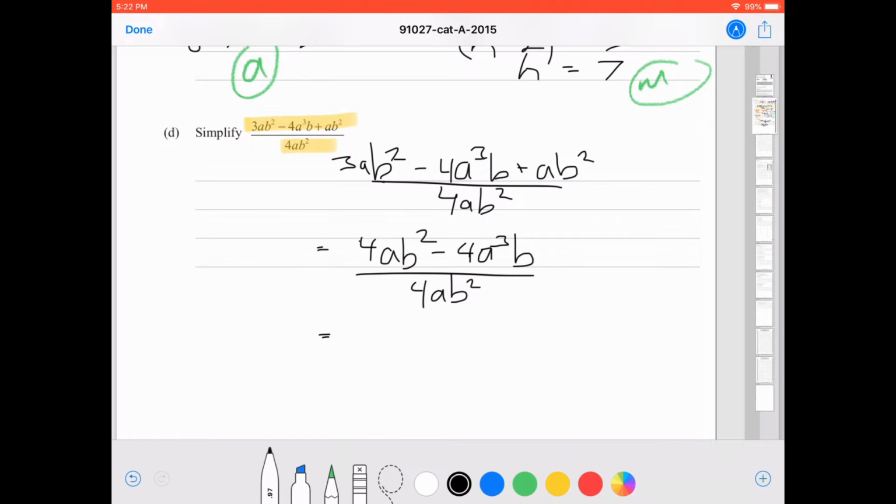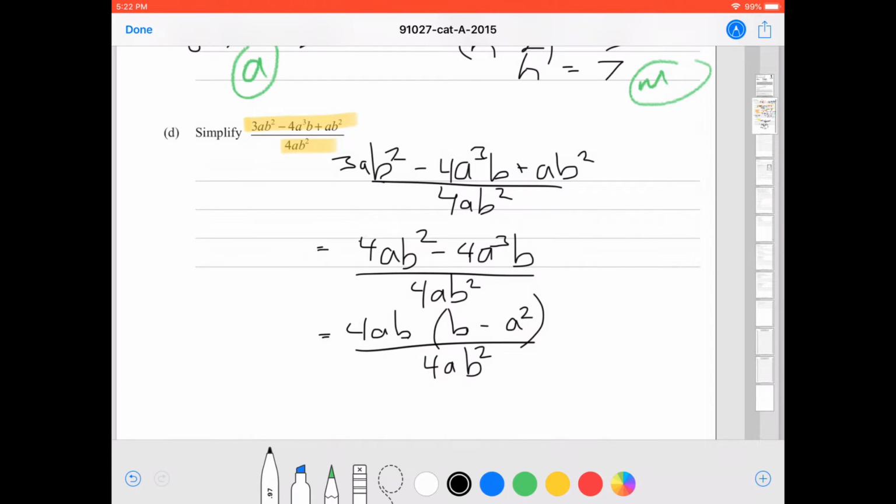Common factors in the numerator, we have 4a and b, and inside the brackets, b minus a squared. And this is over 4ab squared.